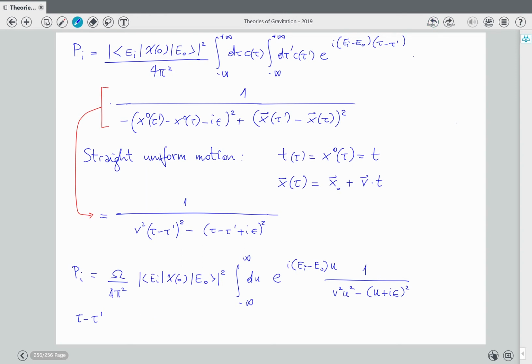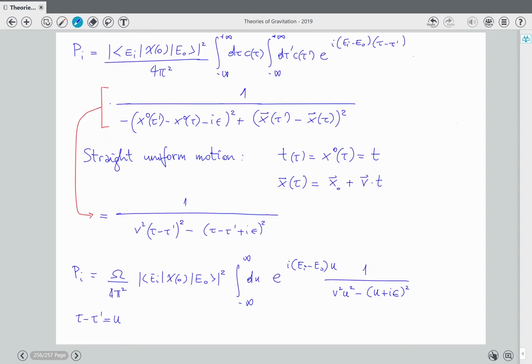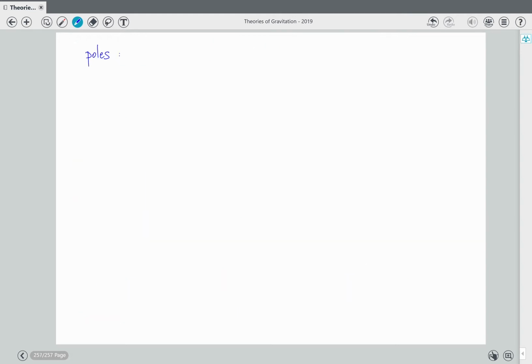Well, so now u is tau minus tau prime. The poles are when this is 0, so you have plus or minus Vu equals u plus i epsilon. So u is our complex variable.